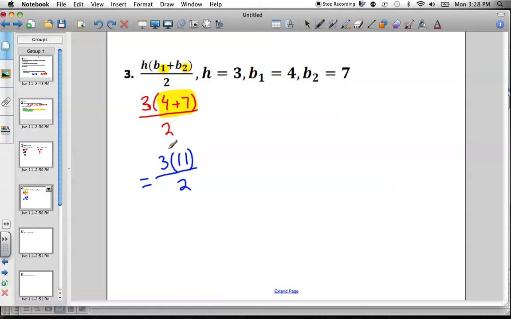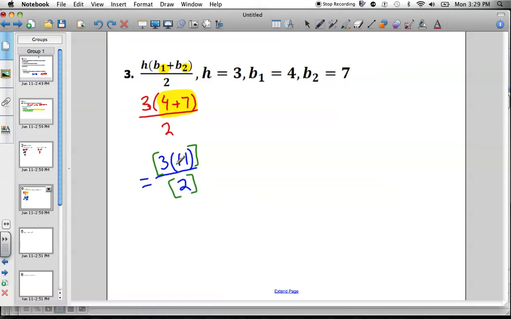Next thing we're going to do is, we don't have any exponents, so now we're going to multiply in order, left to right, or top to bottom. So we're going to multiply here. Now, another piece I need you to understand: this is written as a fraction. There is implied parentheses or braces around the numerator and denominator here.